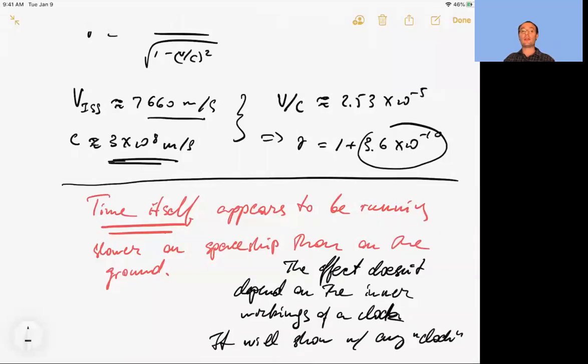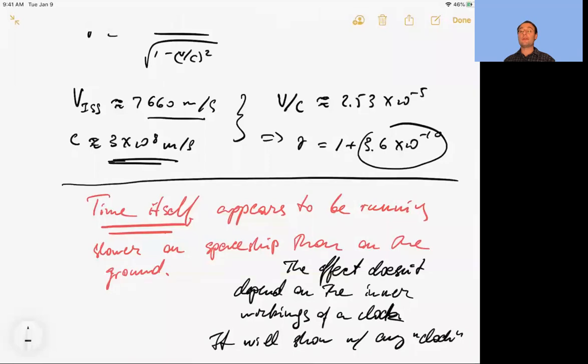They appear to do everything slowly. Their heartbeat seems slow, their blinking seems slow, the flame of their candles seems to flutter slowly, and so on. All physical processes on a spaceship, according to you, unfold slower than the same kinds of processes in your frame.